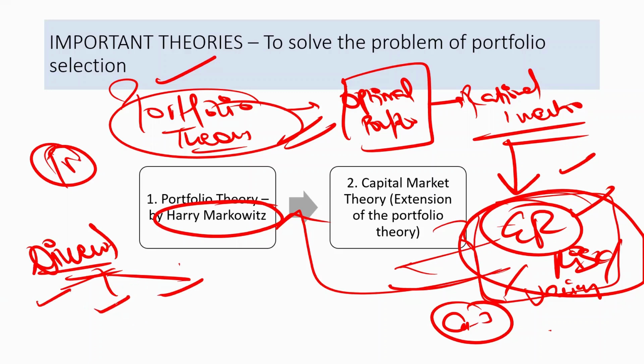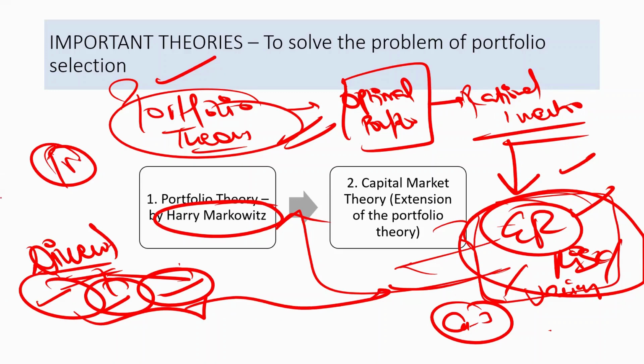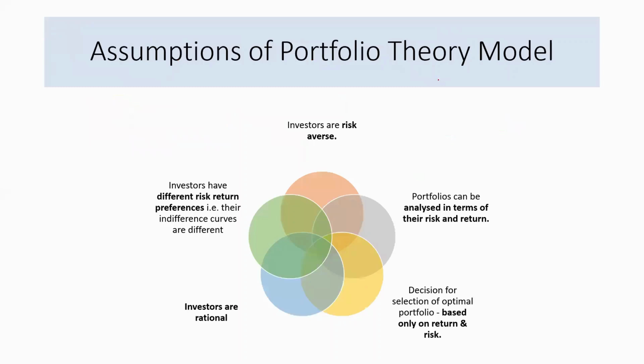But Markowitz focused that yes, you need to definitely invest, but you need to analyze the security in which you are investing. And how will you do that? Depending upon the risk and return. So it was just an extension कि तुम diversify तो कर रहे हो, लेकिन तुम कौन सी securities में कर रहे हो ये देख लेना पहले. ठीक है? So this is the basic funda of the portfolio theory.